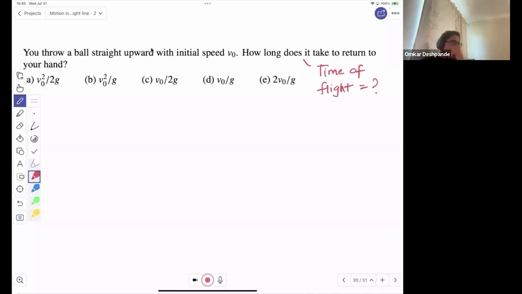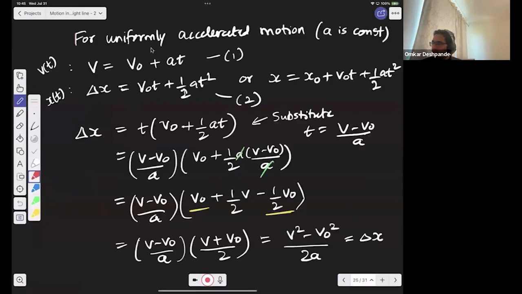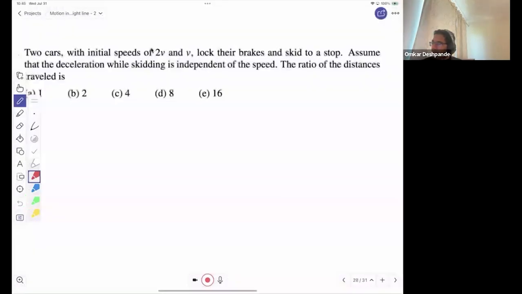Eventually, in this chapter, to solve problems, you have to fall back on the equations of motion if you solve them algebraically, or you have to fall back on the graphs of x-t, v-t, and a-t if you want to solve them geometrically. So here it seems pretty clear that this is an algebraic problem, which means you have to pick one of those three equations to solve this problem.